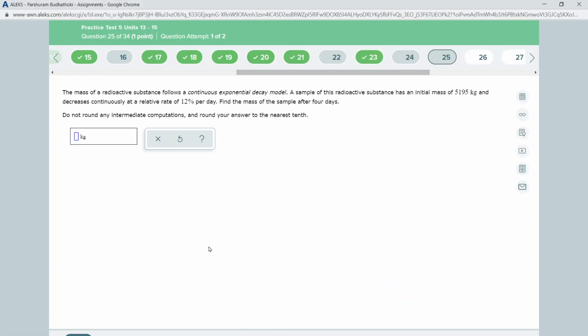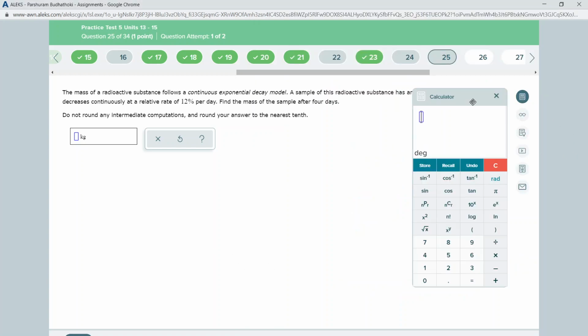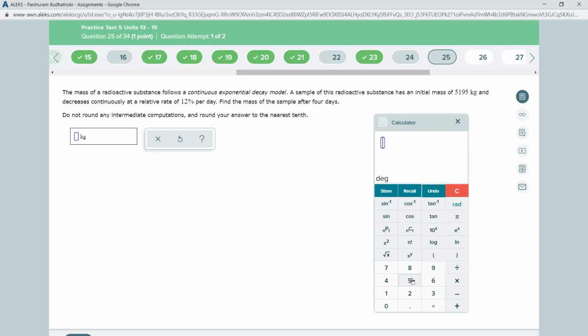So just plug in the value of P, which is 5195, e to the power negative 0.12 times 4, and just type this on your calculator. That's 5195 times e to the power negative 0.12 times 4.